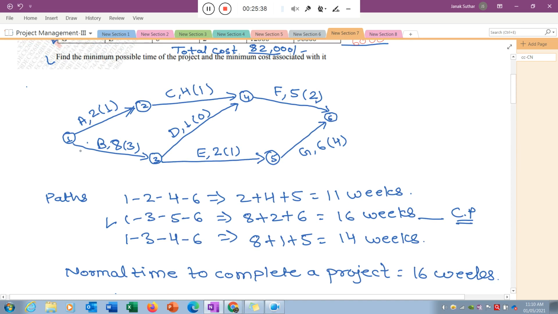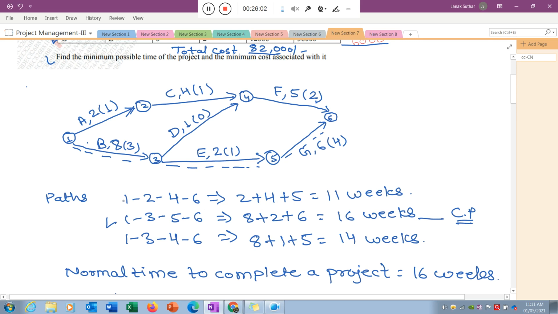So this is the critical path: 1 to 3, 3 to 5, and 5 to 6. The length of the critical path is 16 weeks.